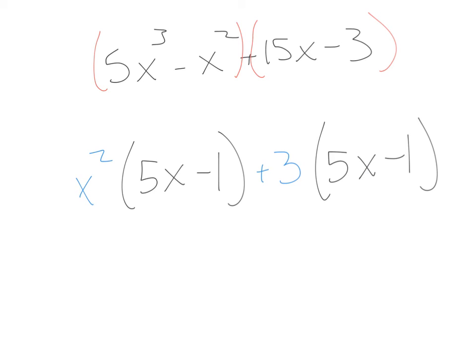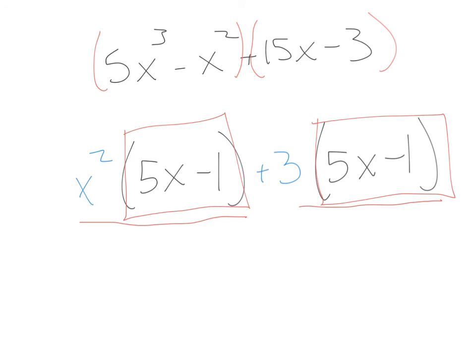Now to continue factoring, if I consider this whole thing a term and this whole thing a term, what do those 2 terms have in common? Well, we just said it. They have this 5x minus 1 in common. So we can factor that out of each term. So we put the 5x minus 1 out front, just like we would with anything else we're factoring out. And then we see what we have left behind.